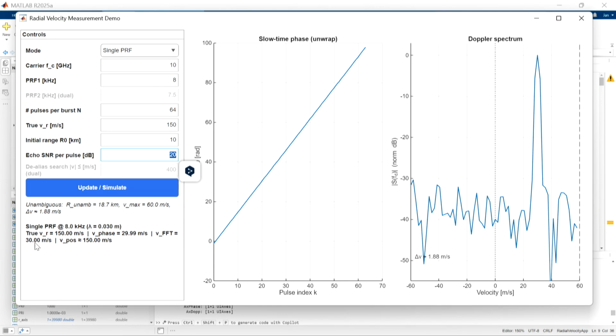There you can always see results and check single PRF: wavelength 3 centimeters, true speed 150, speed computed by phase is 30 meters per second, and by FFT is 30 meters per second.